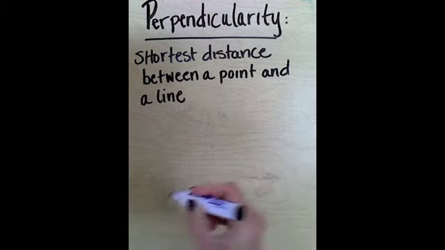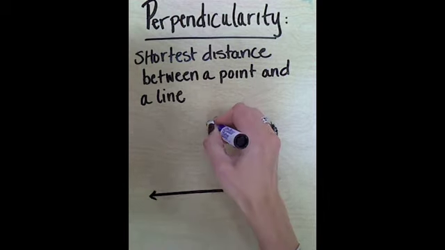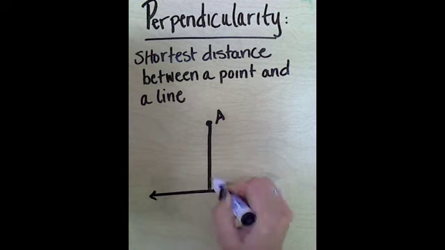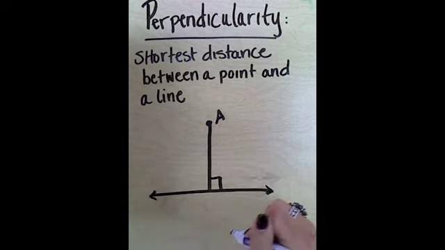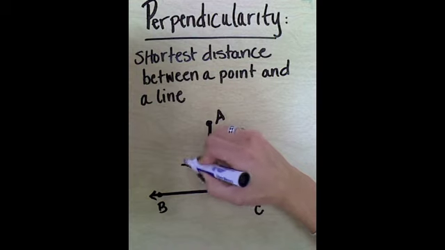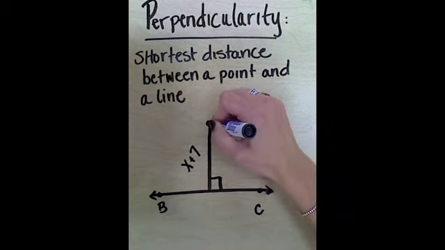So here's an example. Looks very much the same. And we have our point A again up top. They're showing us that that's a right angle, so we know that that's going to be the shortest distance to our line BC. But this time we're going to label the distance x plus 7. Of course, we're going to bring in algebra.